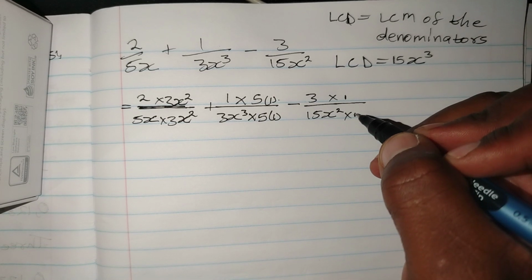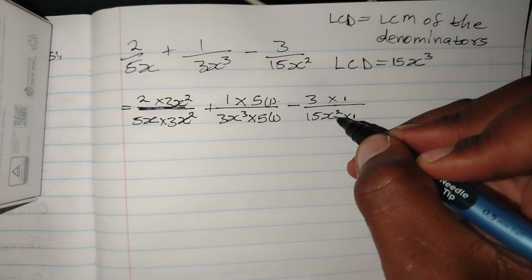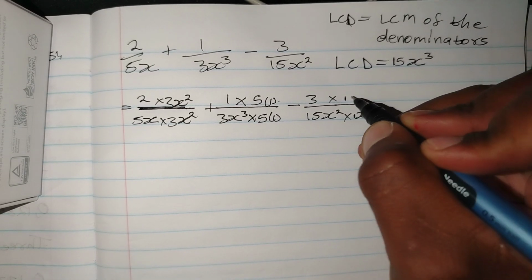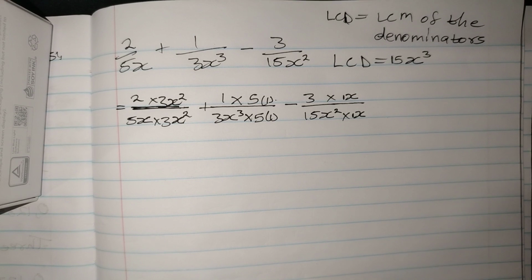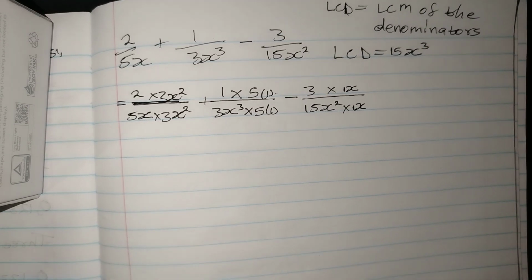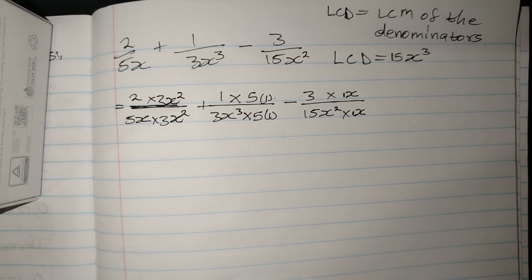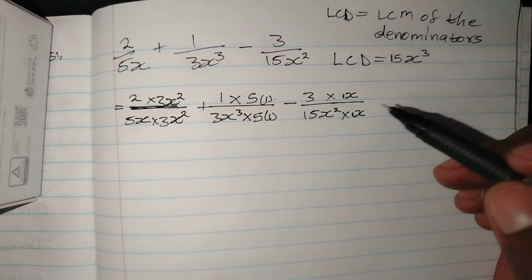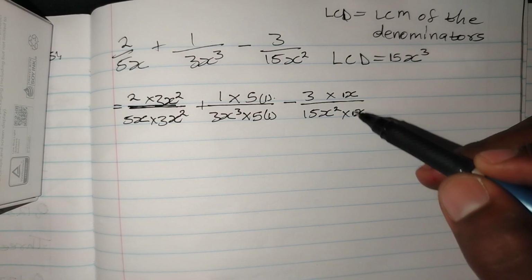How many x's must we multiply to the x in order to get x cubed? 1x. Although it's unusual to write 1x, I just wanted to write it so that you can understand how it came.